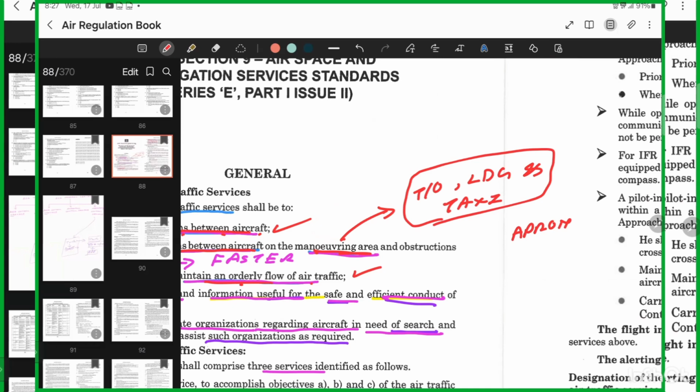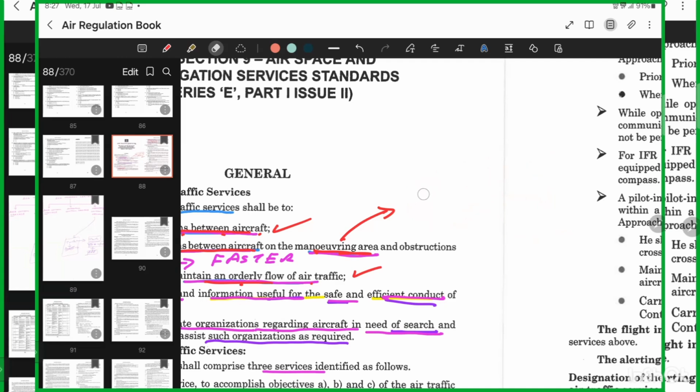Movement area is the part of the aerodrome to be used for takeoff, landing, and taxiing of aircraft, consisting of the maneuvering area and aprons. So movement area includes both. Maneuvering area is only takeoff, landing, and taxi. Understood? It comes as a question in DGCA, so please remember this.